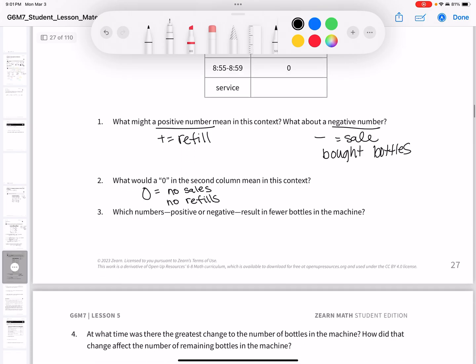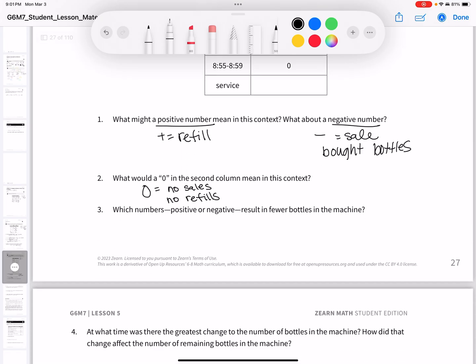So it could be that you had 2 sales, which would be -2, and then you had 2 refills, which would be a +2, and -2 and +2 cancel each other out to be 0. So that's what it could be as well.